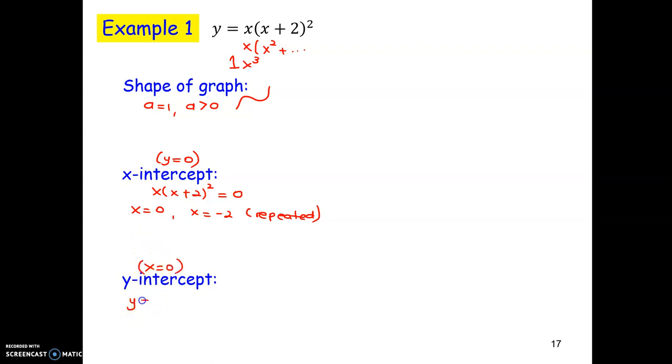So y is equal to 0 multiplied with (0 plus 2) squared. 0 multiplied with anything is always equal to 0, so that means y is equal to 0. Okay, so on the x-axis and the y-axis, we have two x-intercepts, 0 and negative 2. So let us put them first, 0 and negative 2. So basically these are the x-intercepts.